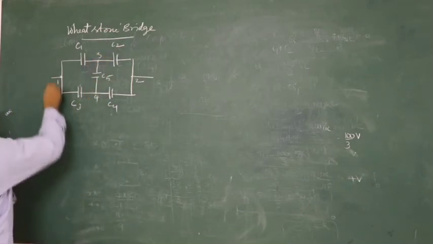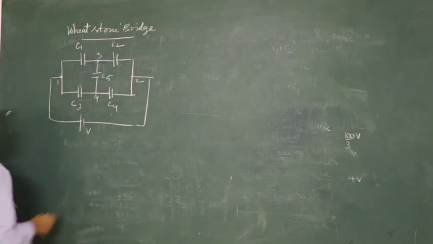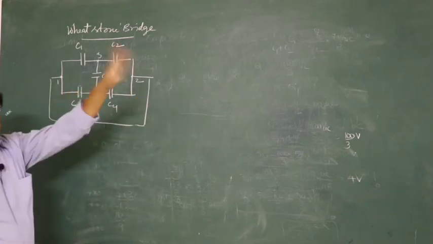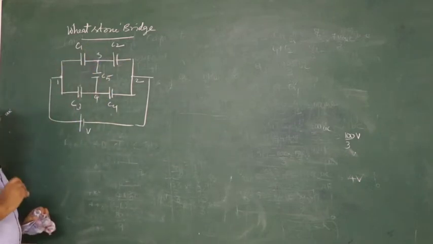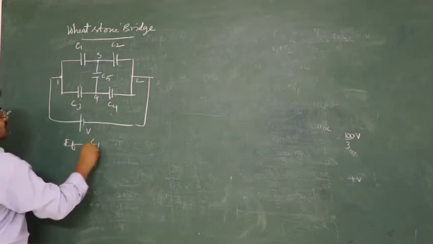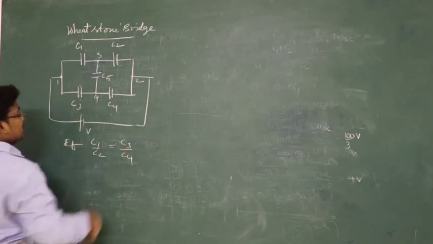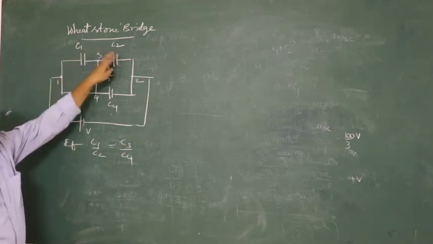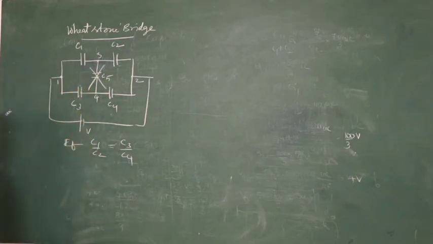For 2 junctions, they will connect a battery. For the remaining 2 junctions, they will connect a capacitor. Now, sir, what is a Wheatstone bridge? If the ratio of C1 and C2 is equal to the ratio of C3 and C4, if these two ratios are the same, then this will not function.